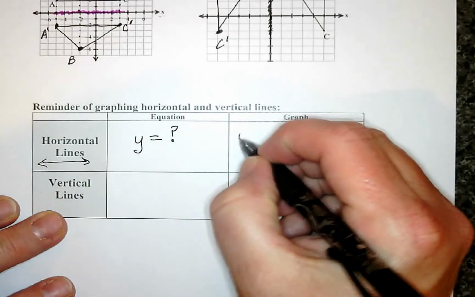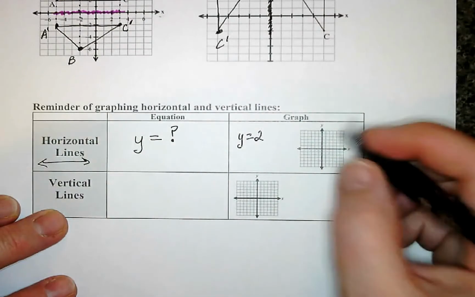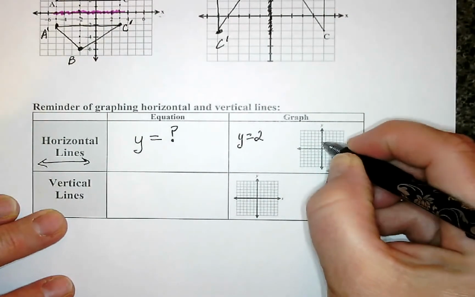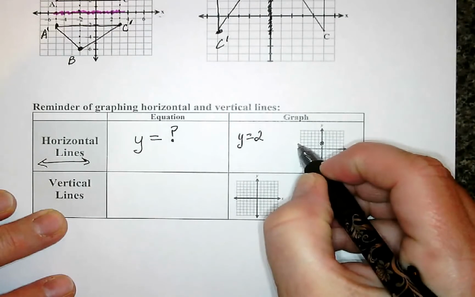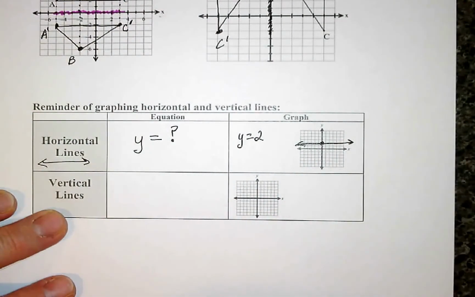As an example, if I say y equals 2 is the line of reflection, on the y-axis I'm going to count up to 2, and then my line has to go horizontally. That's going to be my new line of reflection that I would count to.